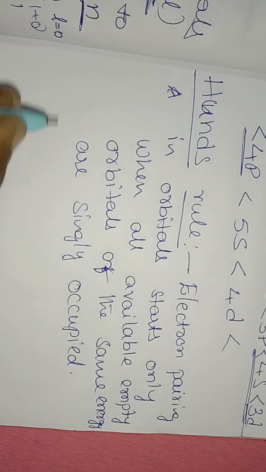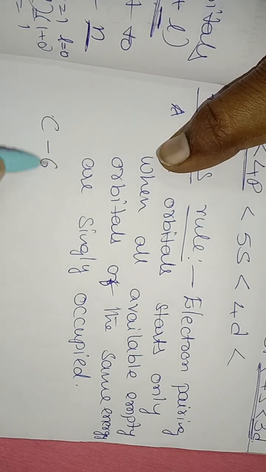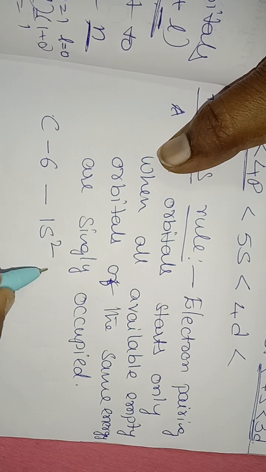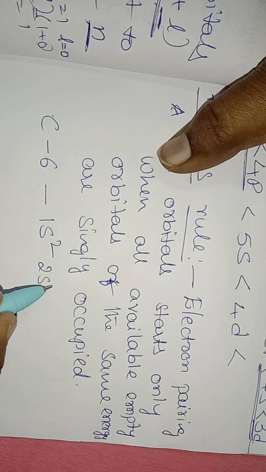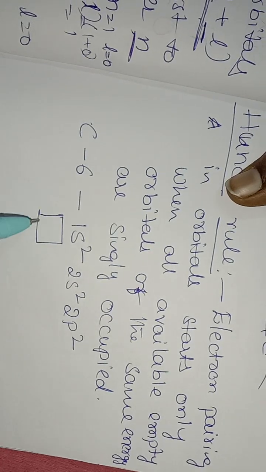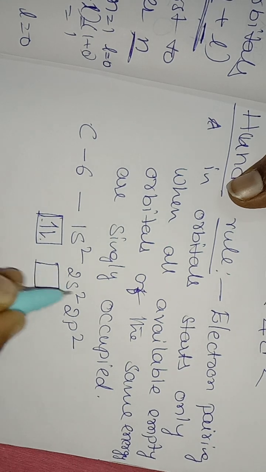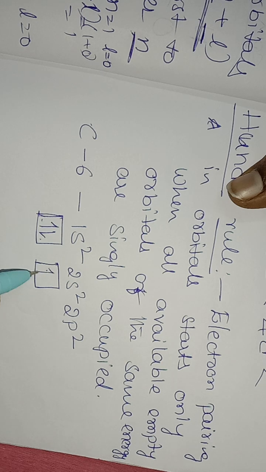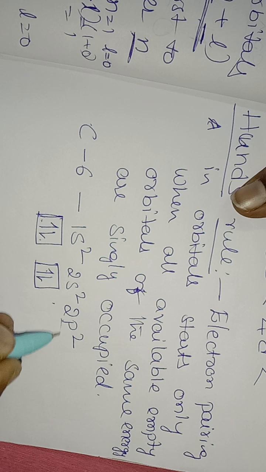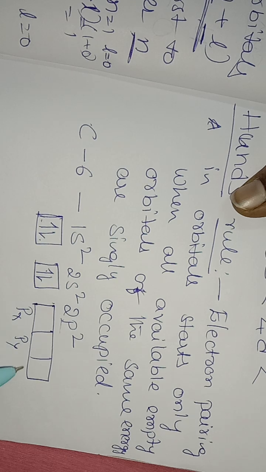Here, suppose you take carbon, atomic number 6. The configuration we can write as 1s2, 2s2. Here we have to follow the Aufbau principle: 1s2, 2s2, 2p2. Right? So these two electrons go clockwise and anti-clockwise, in sphere shape only. One revolves clockwise, the second one comes anti-clockwise, right? Here in P we have three subshells: Px, Py, Pz.